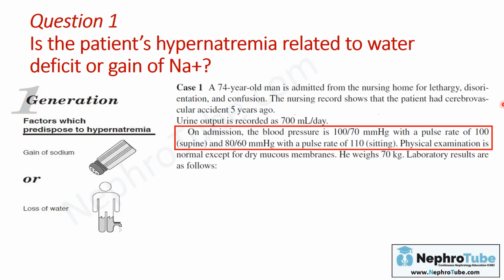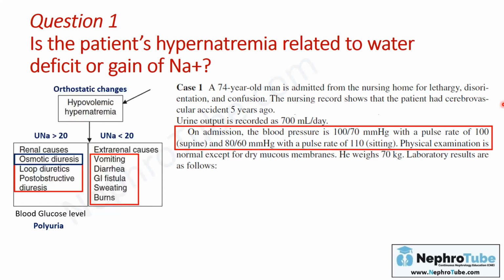But in sitting position, the blood pressure was 80 over 60 and the pulse rate increased, which means that the patient has orthostatic postural changes.